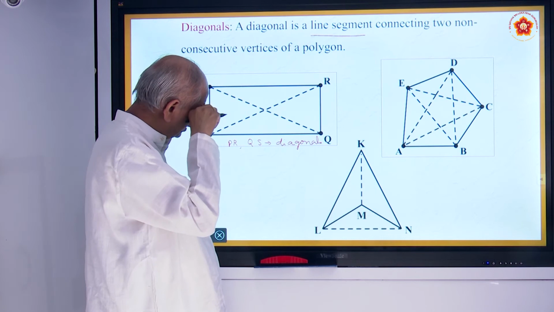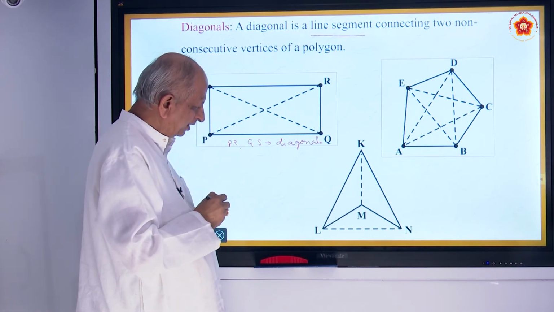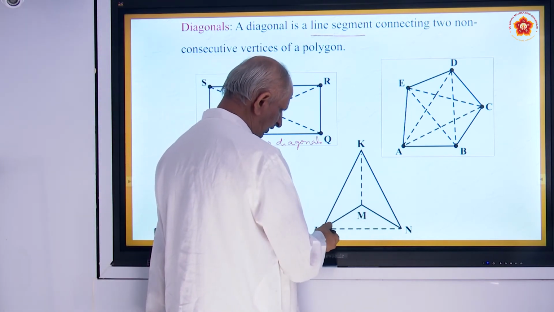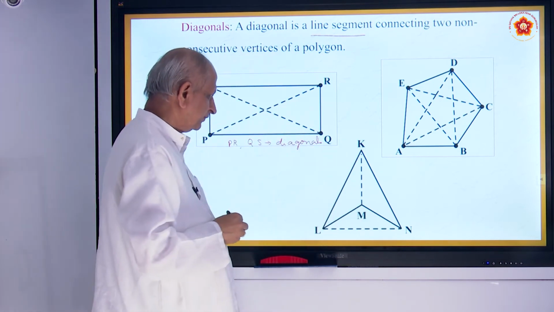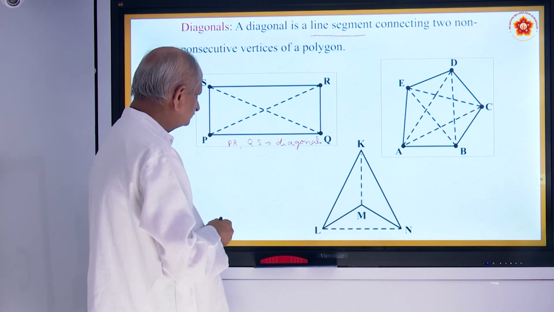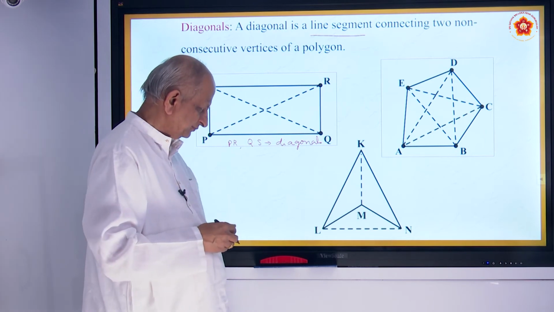And this is what is called a triangle based pyramid, you can call. Here you find two diagonals. One is here outside, LN, this is in the back side. Okay. So these are some of the examples of diagonals.